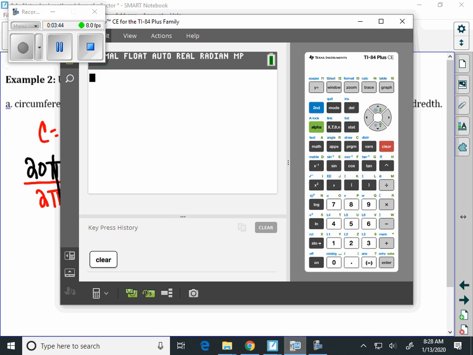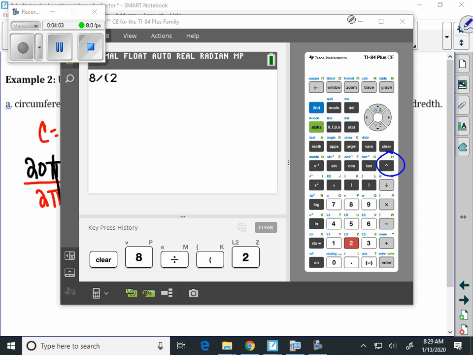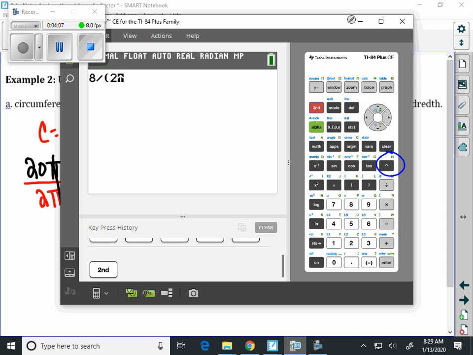As I pull up the calculator, it's 8 divided by, and notice where the 2 pi is, and I think I need to put parentheses in here, but it's going to be 2, and there's a pi button on the calculator. If you are using your calculator, it's on the caret button, and to use that we go second, and then the caret button.